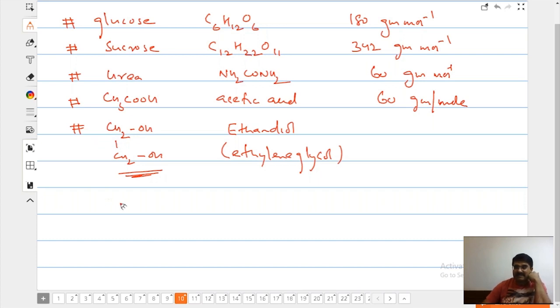Calculate its molar mass. Carbon is 12, hydrogen is 2, so 12 and 2 plus 17 into 2, which is 14, 31 into 2, 62.